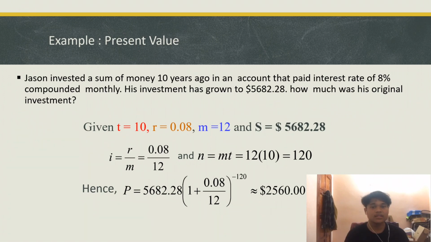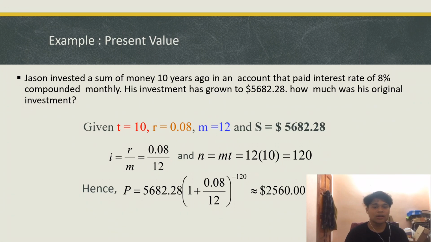The rate is 0.08 because it is 8%. Next, it is compounded monthly, so in a year it will be compounded monthly, so we have 12 months, and then S is his future value.